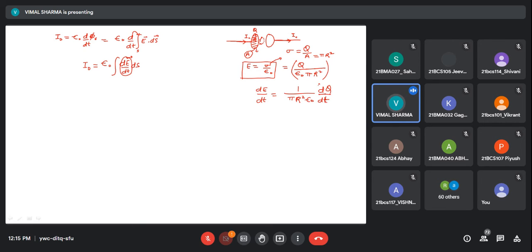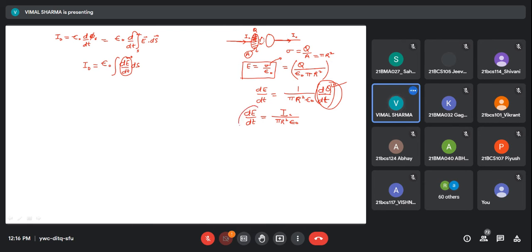So d by dt of E is 1 over pi R square epsilon naught times dq by dt, the rate of flow of charge, which is equal to the conduction current.